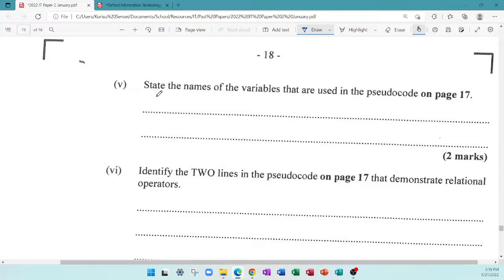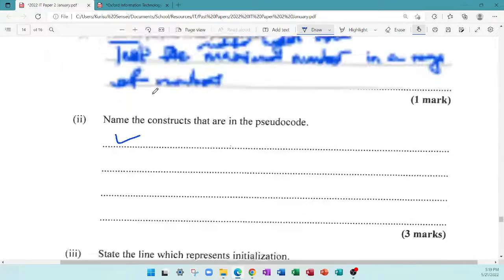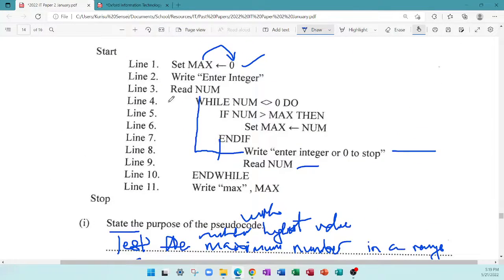Four, state the names of the variables that are used in the pseudocode. What are the names of the variables? Shaniza?